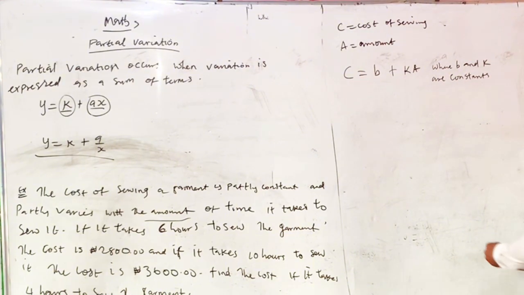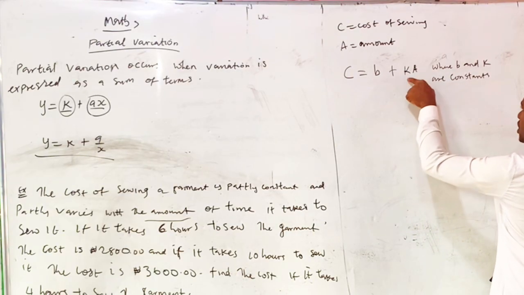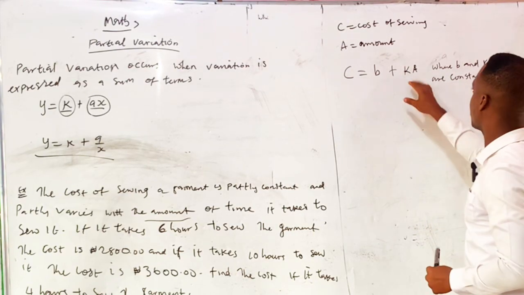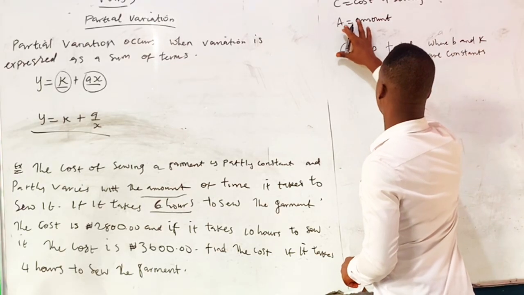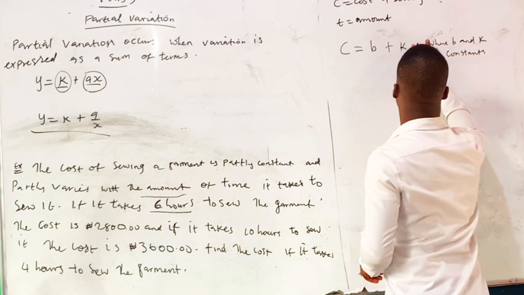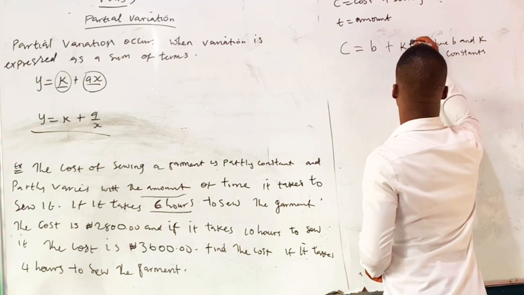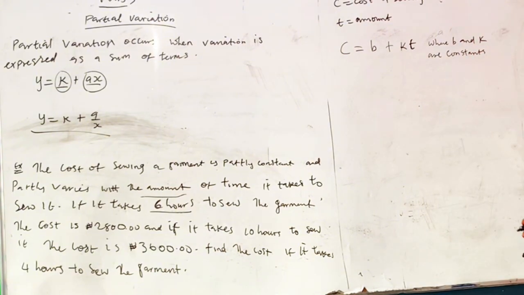So the cost is partly constant and partly varies as A. We introduce a constant here. So I showed you how that constant came into play. Let's use T instead of using A. I think I like T better. All right.